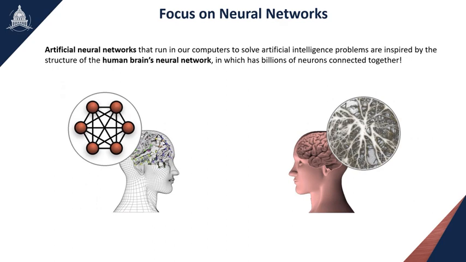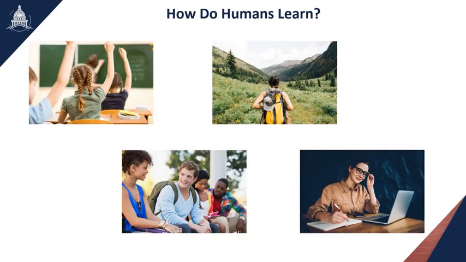Artificial neural networks are inspired by the human brain, and they learn as humans learn, and they can solve complex problems such as understanding language. But how do humans learn? Humans learn through their multitude of experiences. By attending school, for instance, and acquiring new knowledge, by meeting new people and gaining fresh perspectives, by embarking on new adventures, or by developing their skills through self-improvement.